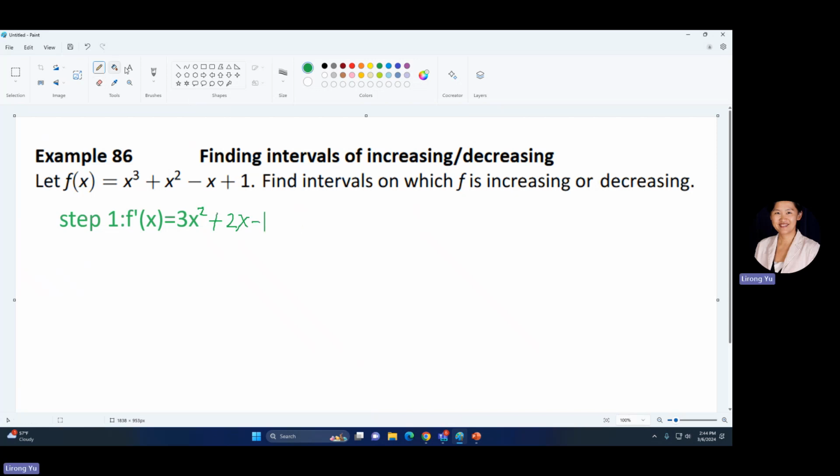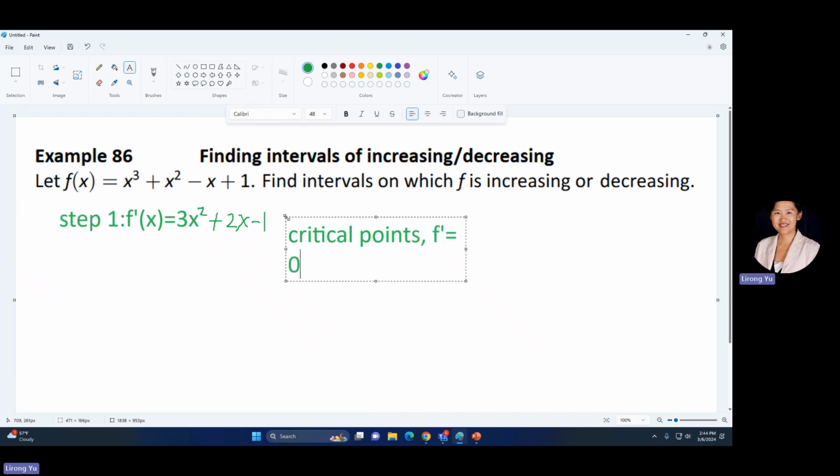The whole reason that we're doing it is to find critical points. There are two kinds of critical points, two kinds of possible values: when the derivative equals 0 or is undefined.